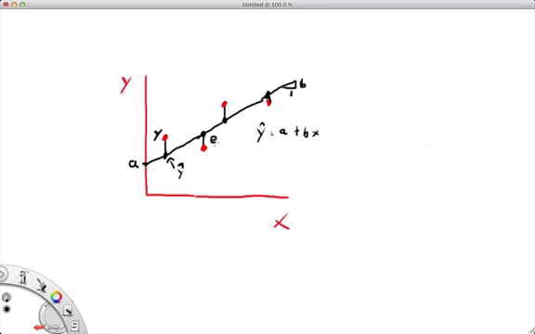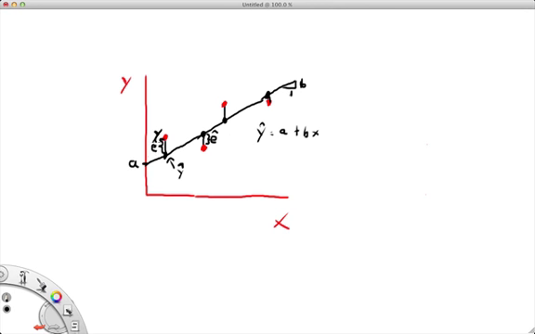The length of this line is e hat. Maybe I'll draw a little bracket here to indicate that. If we take y, the red point, less the y hat, we get an e hat. In this case, e hat is negative. Over here, e hat is going to be positive. So let's draw that e hat as well. It's kind of hard to draw with this writing pad.